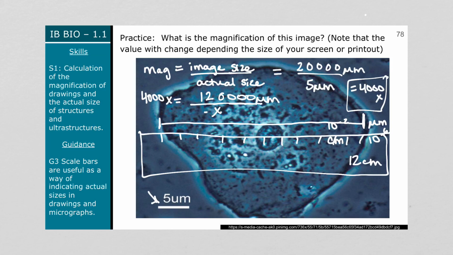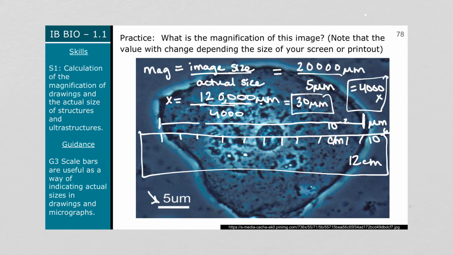And ultimately I'm going to be dividing 120,000 by 4,000. And so now I'm going to divide 120,000 by 4,000, and that is 30. So 30 micrometers would be the length of my cell.